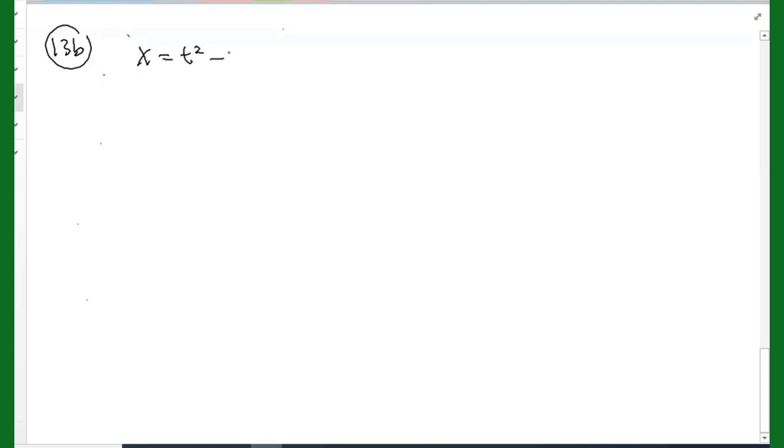Okay, parametric. This one first. y is equal to 8t. We call it parametric when you have x in terms of the parameter t, the third parameter, and y in terms of parameter t, different.